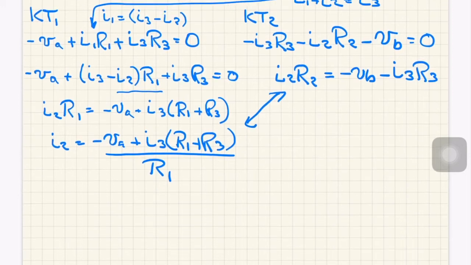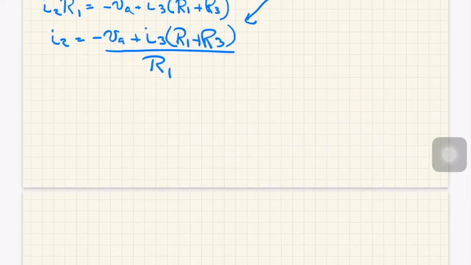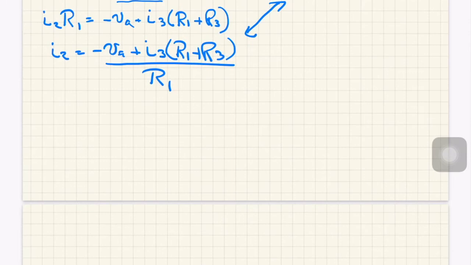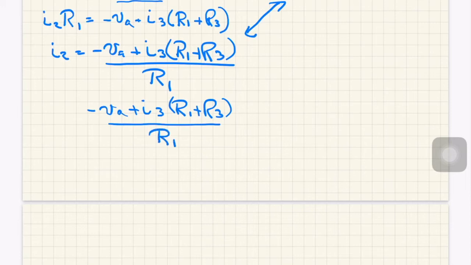So now I can write, let me scroll up here a little bit. So now I can write an equation that couples those two equations. So now I can say that I have minus VA plus I3 times R1 plus R3 over R1 is going to be equal to, and now I actually took a shortcut here, sorry, I should have written this out.